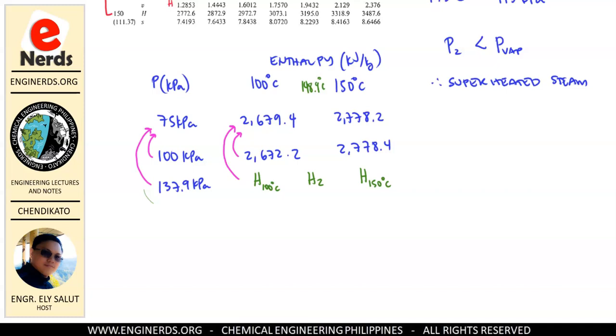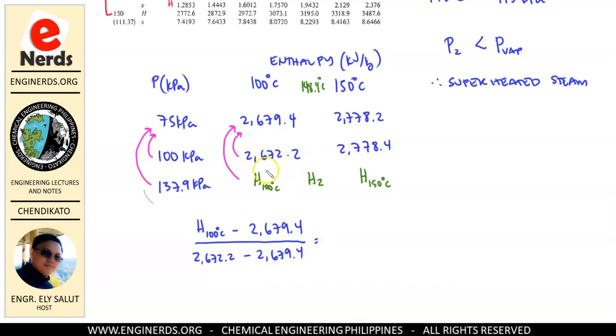Let us solve for H100, no? So our H100, our enthalpy at 100 degrees Celsius, minus 2,679.4 divided by 2,672.2 minus 2,679.4.